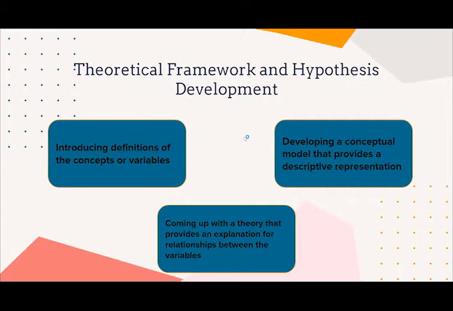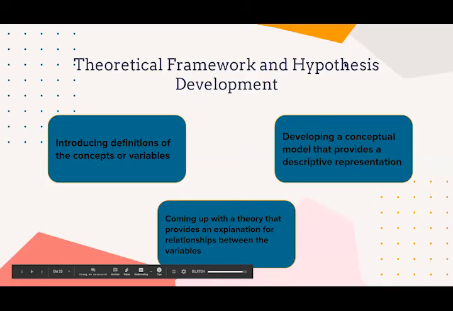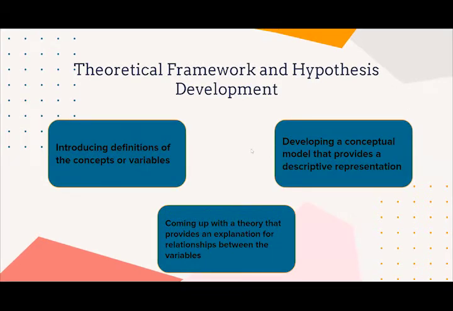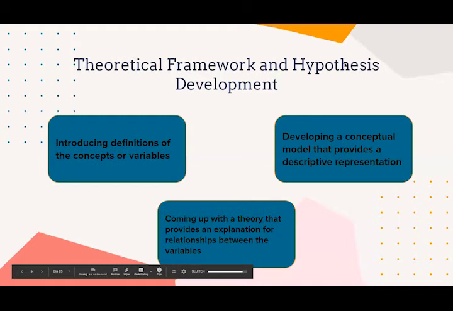So there are three steps in the process of building a theoretical framework. They are introducing definitions of the concepts or variables in your model, developing a conceptual model that provides a descriptive representation of your theory, and coming up with a theory that provides an explanation for the relationship between the variables in your model.